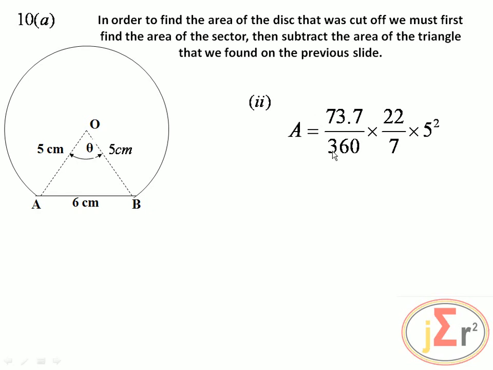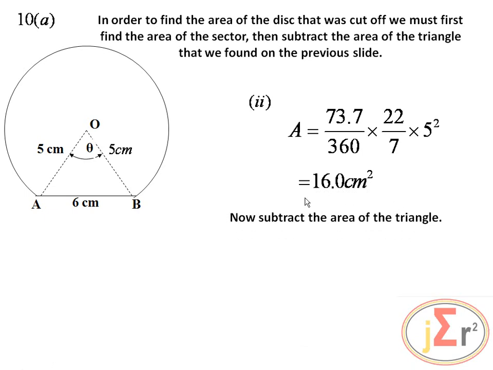Over 360 multiplied by pi multiplied by r squared. So the angle over 360 times pi r squared. That turns out to be 16.00 centimeters squared, because of the three significant figures that are required.